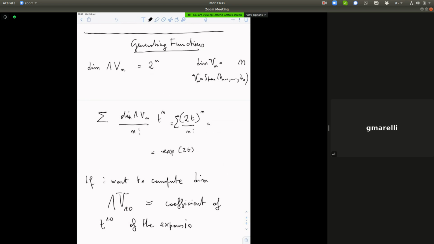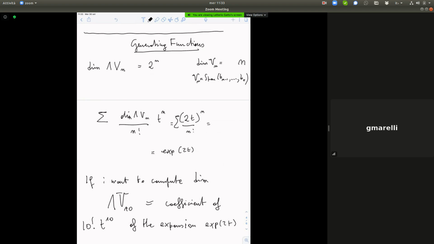This is the coefficient of t to the 10 over 10 factorial of the expansion of exponential of 2t. Okay, this is just one.